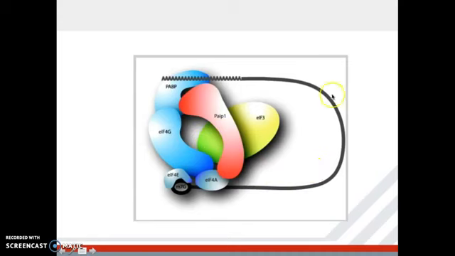So by bending the mRNA, it is believed that poly A binding protein enhances the translation process of the eukaryote.